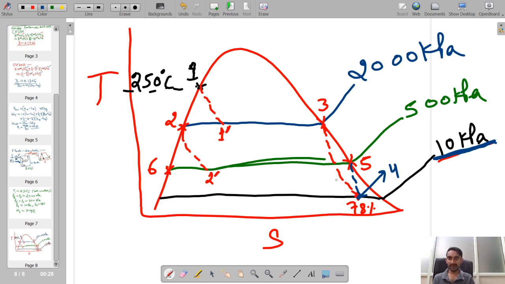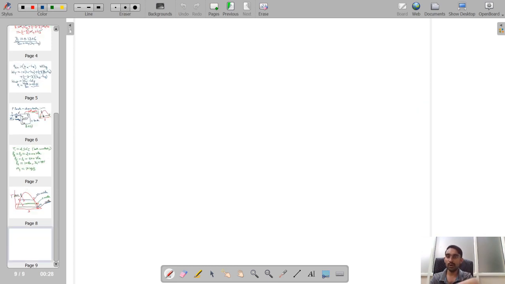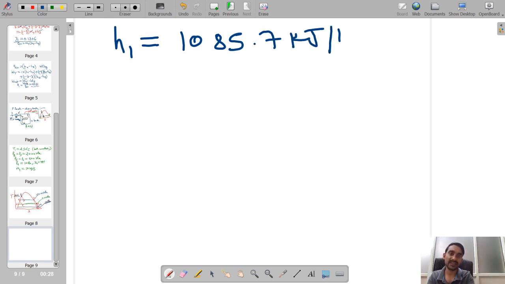Now it is very easy. This point number 1 is a saturated liquid state and the temperature is given, so I can simply determine the value of enthalpy by referring to the saturation temperature table. If I find the enthalpy of point number 1, it is equal to 1085.7 kilojoule per kg.